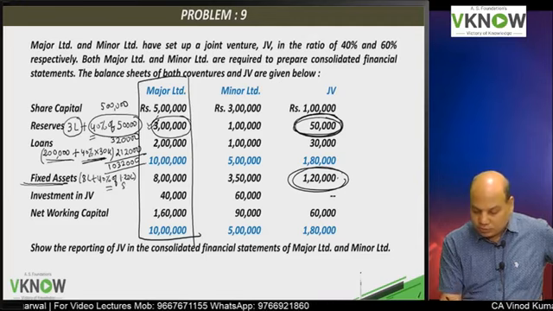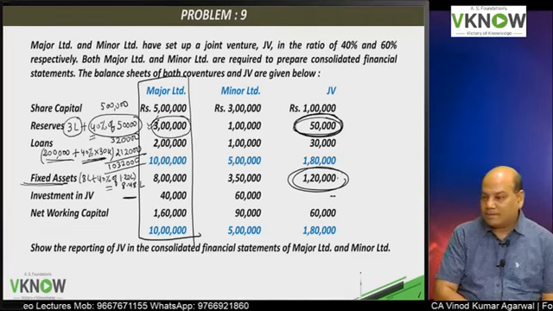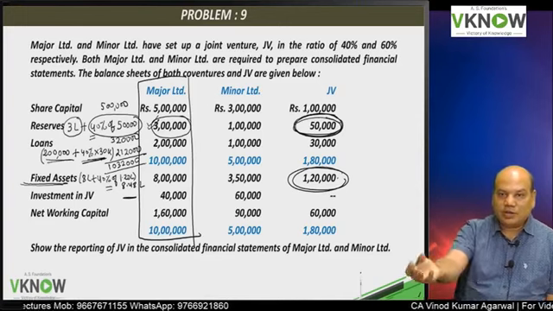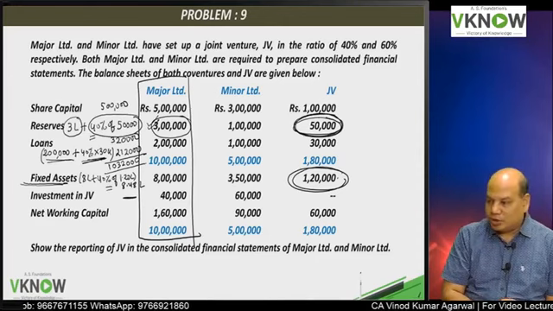So total fixed asset will be 8.48 lakh. Now investment will not appear, because against investment we are recording assets and liabilities of the joint venture.